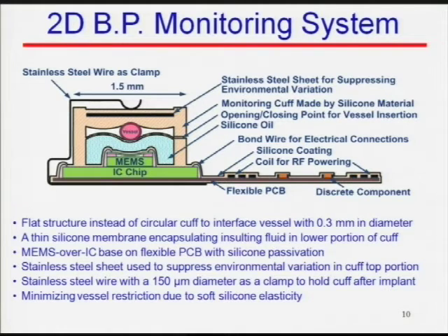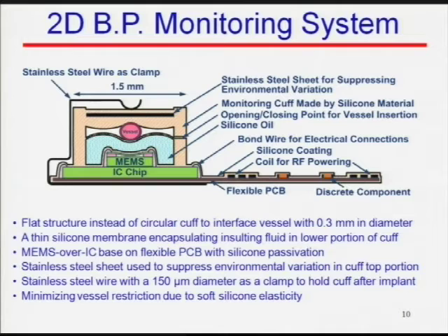So what's important here is that down here I have a thin silicone membrane, encapsulating a cavity area that is filled up with insulating fluid, such as silicone oil. That's very important. Now, underneath this cavity, we have a MEMS, micro-electromechanical system, pressure sensor, such as a diaphragm, that is directly sitting on top of an integrated circuit chip, an IC chip, that has an area about 2 millimeter by 2 millimeter.